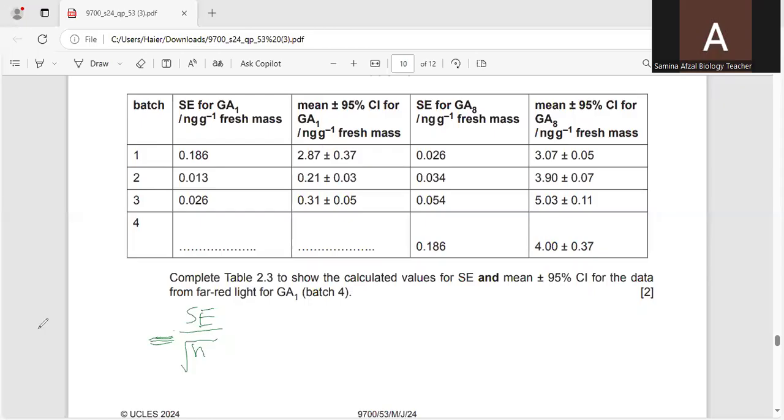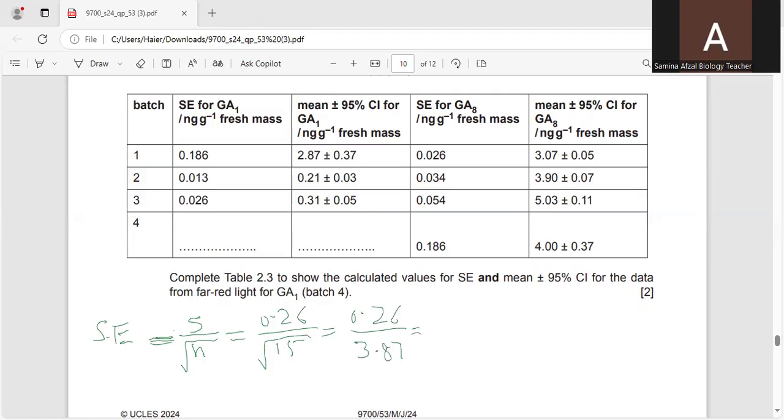So it will be S over, and it is equal to SC. So 0.26 over 3.87.